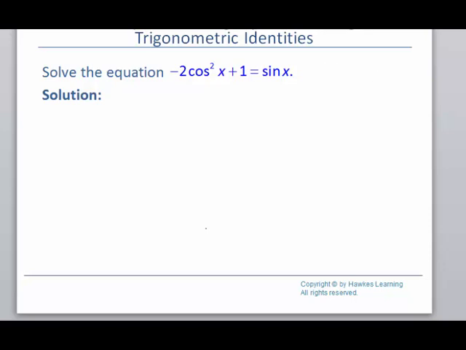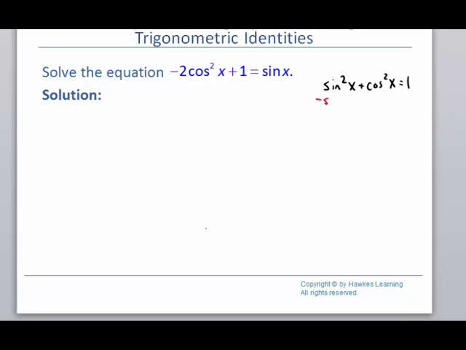And so it is much easier for me to solve an equation if I only have one variable in it. So the first thing that I need to do is try to figure out how to write this equation with only sines or with only cosines. So we've had this issue before where we have used the Pythagorean identity and we have manipulated the terms so that we can plug in for what we need.